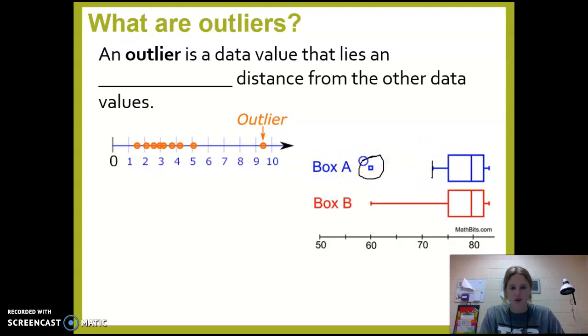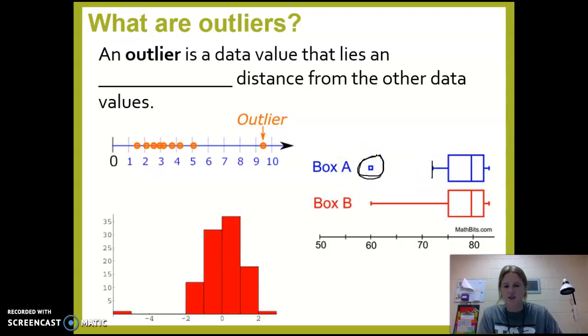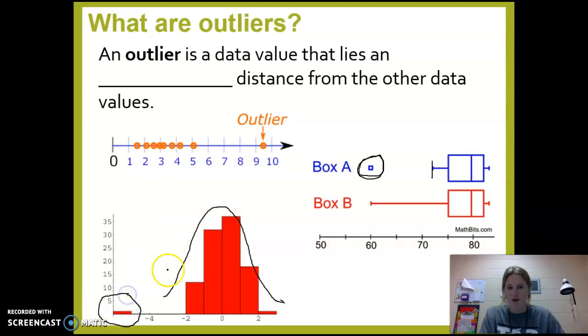And then the outlier is over here. Okay, and then here's a histogram. We have a bell-shaped curve over here where all the data is clustered, and then boom, here's our lower outlier, okay? All by itself, an abnormal distance away. All right, you get the gist.